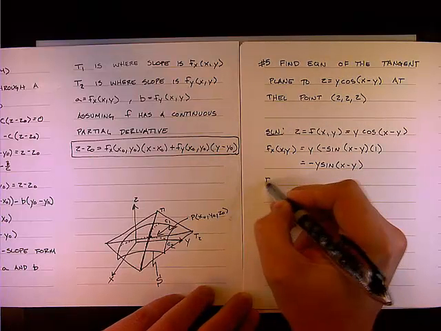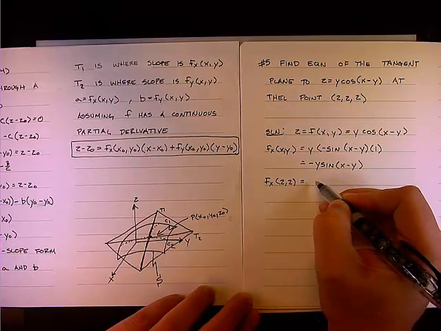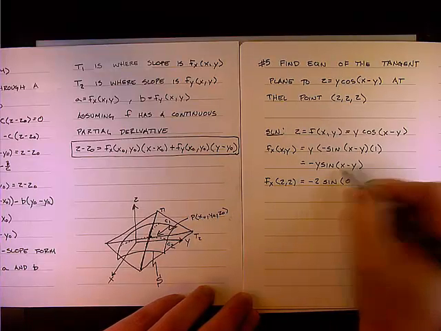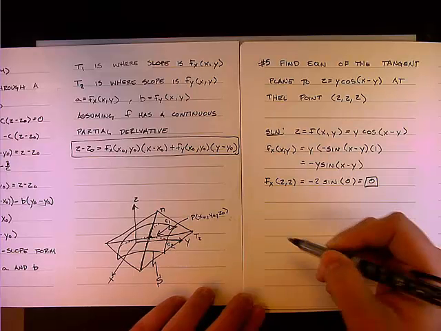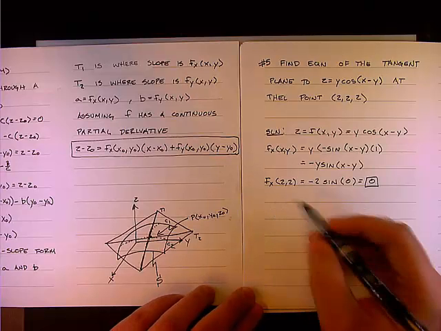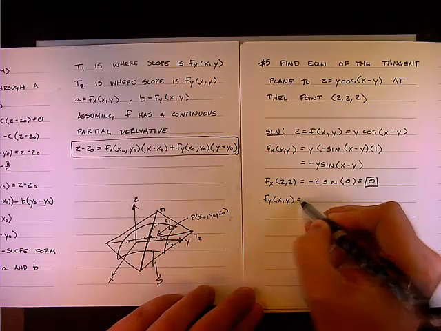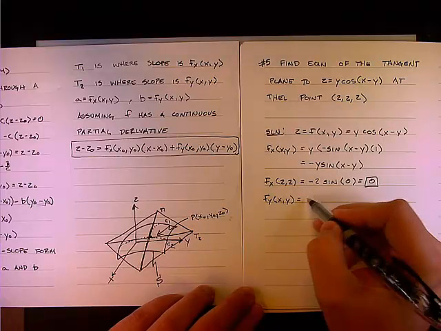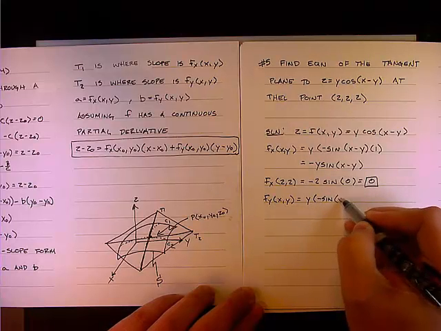So all I did was the chain rule here to solve this, holding y constant, the inside times the derivative of the y's, everybody knows that, which then reduces to negative y sine x minus y. Okay, now we're going to evaluate the partial derivative at point 2, 2, and we're going to get negative 2 sine of 0, because 2 minus 2 is 0, which leads to a solution of 0. Is there a question?